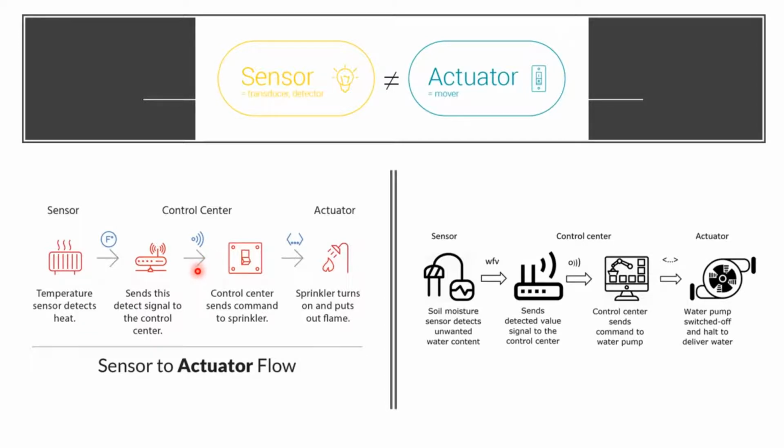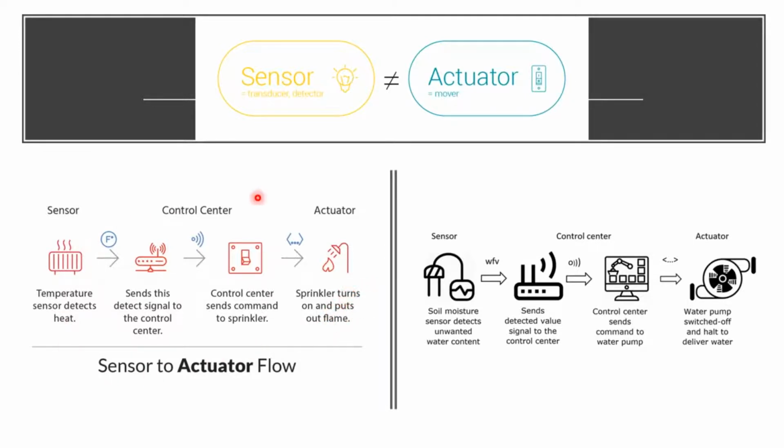I'll be using a controller there, which checks the value of the sensor. If it is above the required value, it sends a command to the actuator, and the actuator here is nothing but a sprinkler. The sprinkler is turned on by a suitable circuit and puts out the flame.